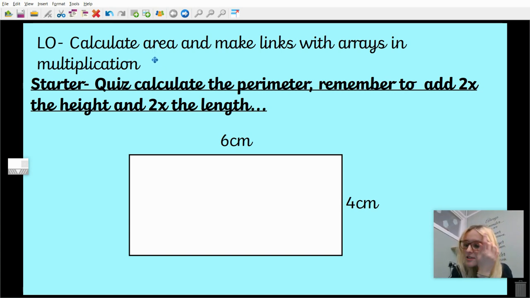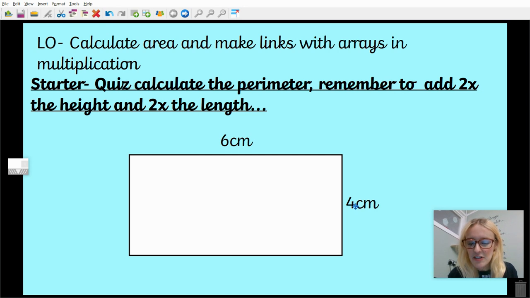Okay, first of all, in your starter quiz, so there's going to be forms on there. I just want us to recap perimeter to make sure we're really secure on it. So I'd like you to calculate the perimeter. Now, in your questions, you're only going to get two measurements. You're only going to get this measurement and this measurement. Now, remember, we have to add these two, but we also have to add these two.